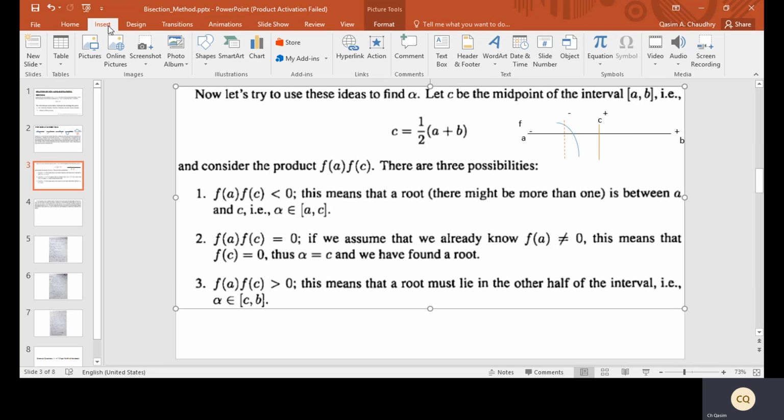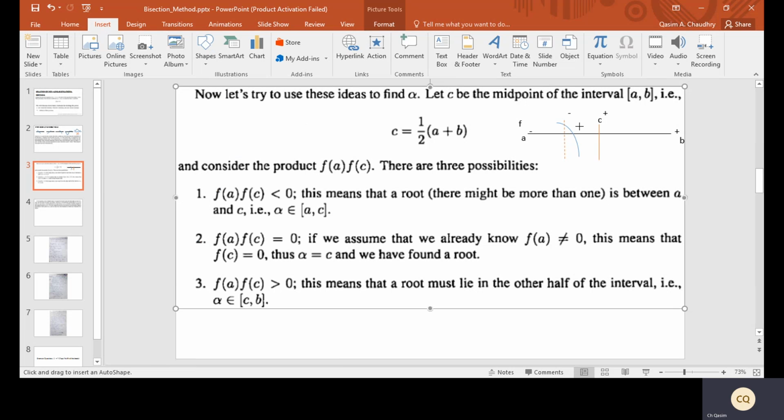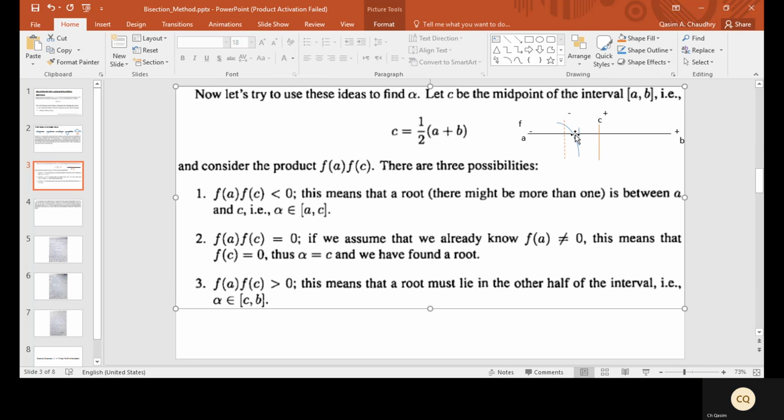Now once again, find another point, half. Let me draw the line here. Let's say this is your next point. So now the root will lie between this interval. If you take the half, then maybe this will be your root of the equation.